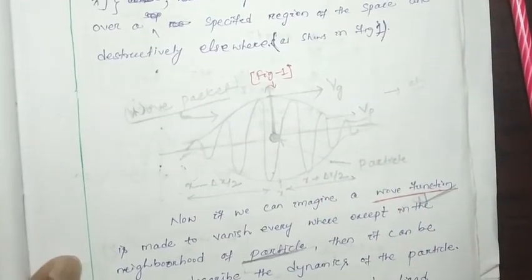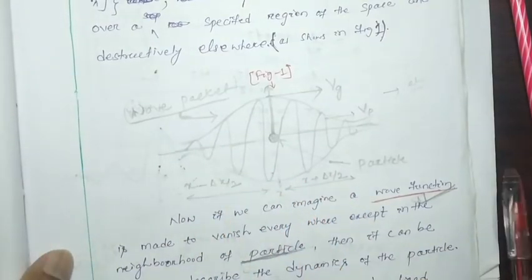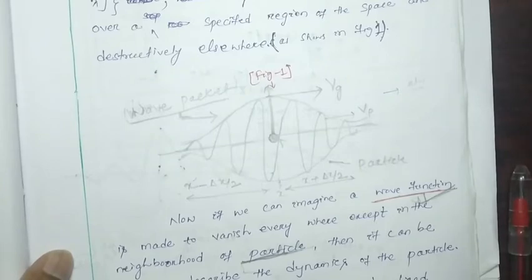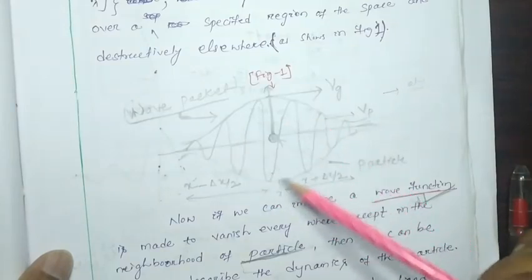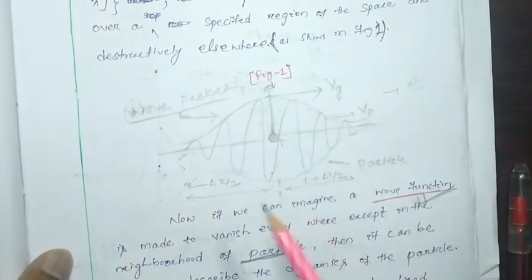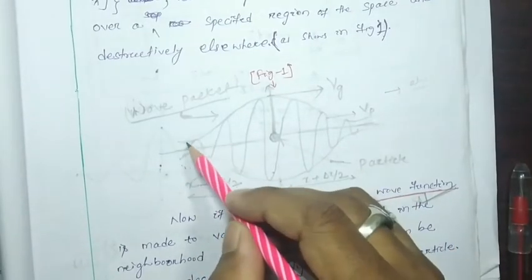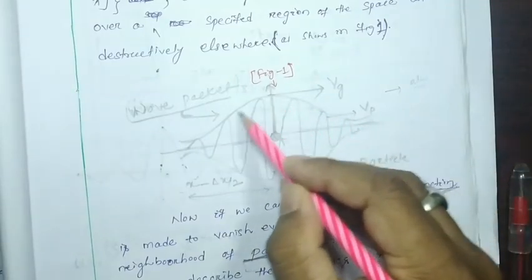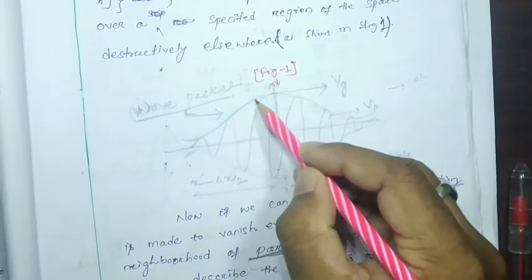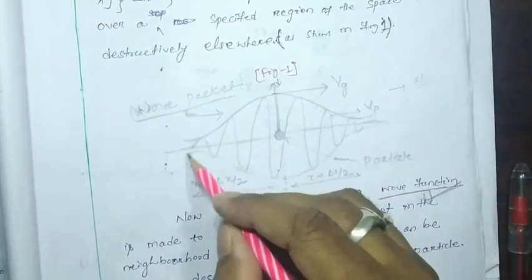I told you that before we start our mathematical derivation, we just discuss somewhat about the wave packet. You can see this upper half is the real part of this wave packet, and there is its corresponding imaginary part.